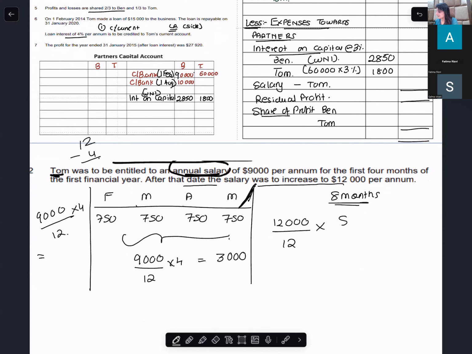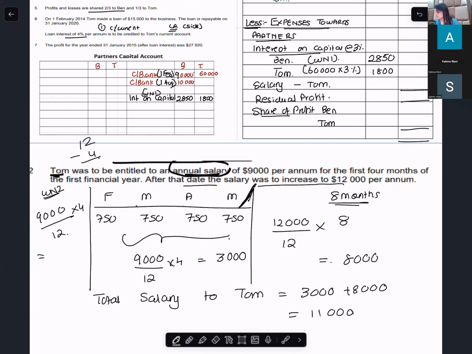So I want this for 8 months. 12,000 divided by 12 into 8 is 8,000. So total salary to Tom will be 3,000 plus 8,000, that is 11,000.